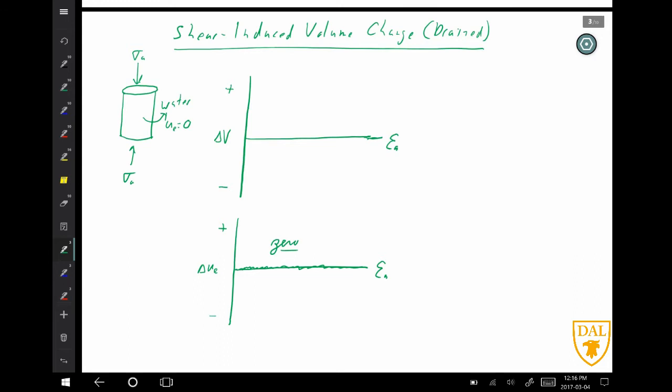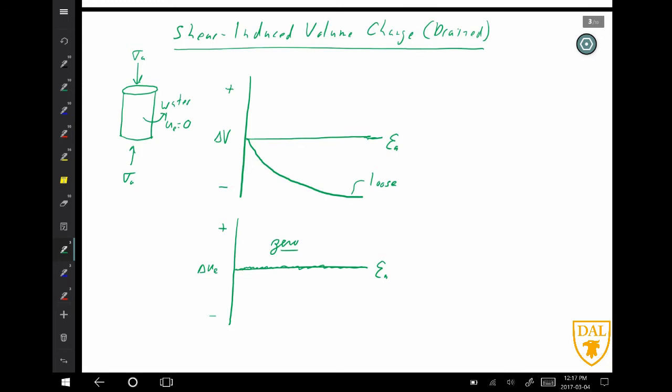And in that way, if it's loose, as it shears, the voids start to get smaller and it realigns to a more compact state. So the volume change is negative. Okay, it just compacts and compacts and compacts for a loose sand.